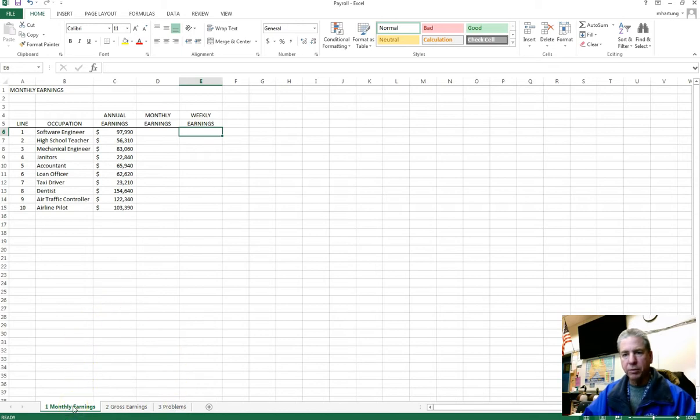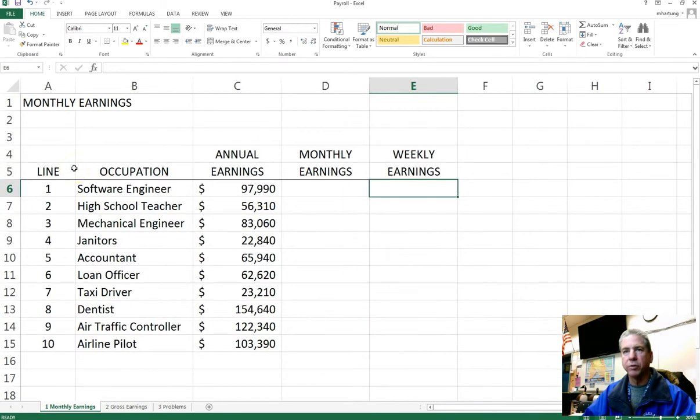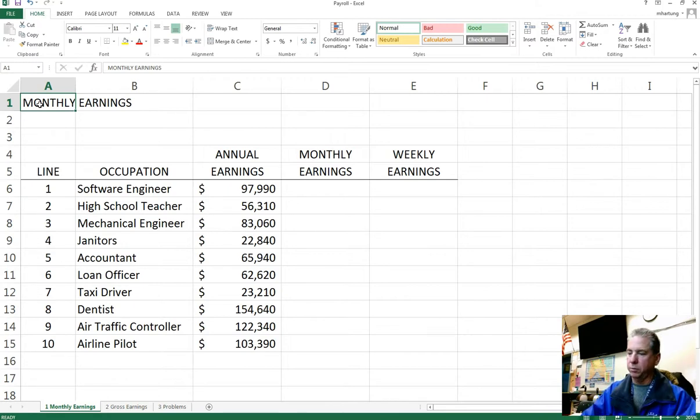Once you've got that done, you can create page 1, which is monthly earnings. This is a look at some typical median annual incomes, yearly incomes. Let me zoom in a little bit so it's easy for you to create that. What we can put here is earnings for selected occupations.